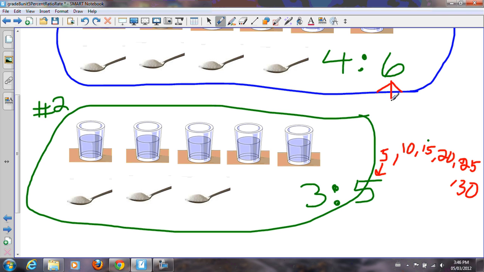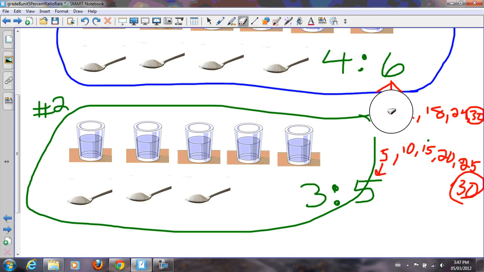And let's start counting by 6s up here to see which one they would have in common: 6, 12, 18, 24, 30. So what's the lowest one they have in common, or the lowest common multiple? And the answer is 30. So we need to change both of them to equivalent ratios out of 30, and then we can compare them, because they'll both be out of 30 glasses of water.